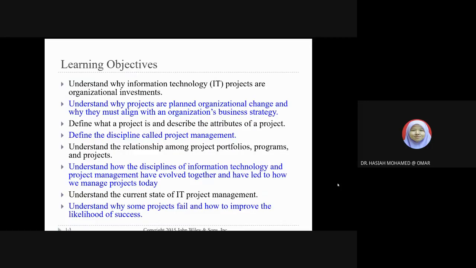So the learning objectives, there are a few terms and things that you need to know. The first one, we need to understand why IT projects are organizational investments. We need to know the intention of having a new project. We also need to understand why projects are planned organizational change.